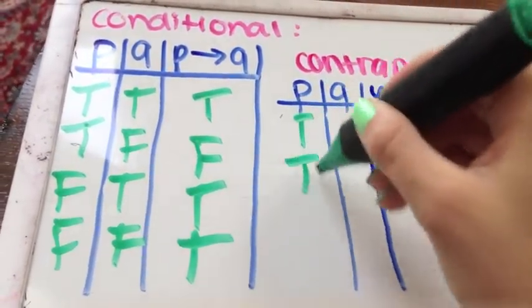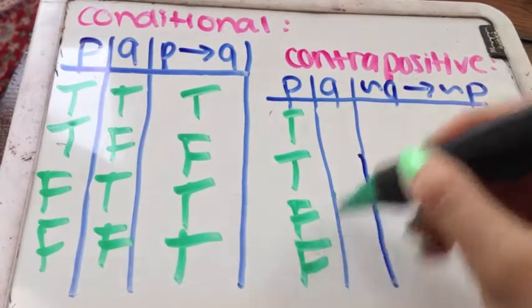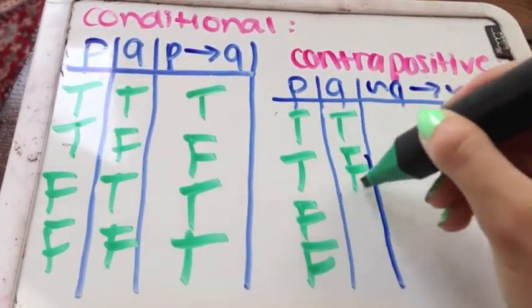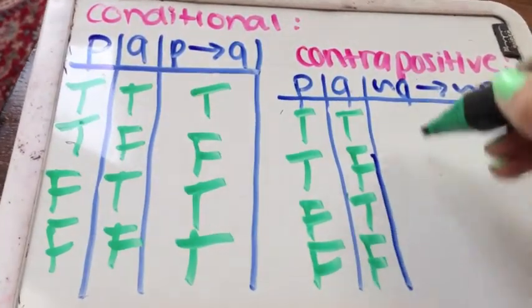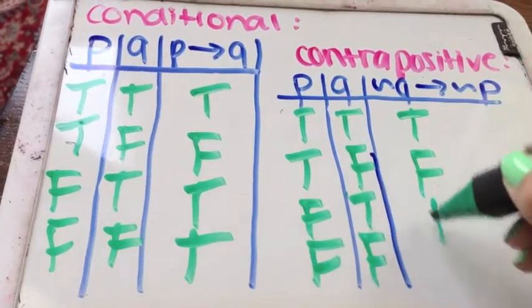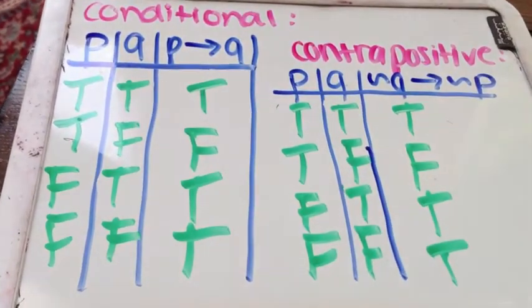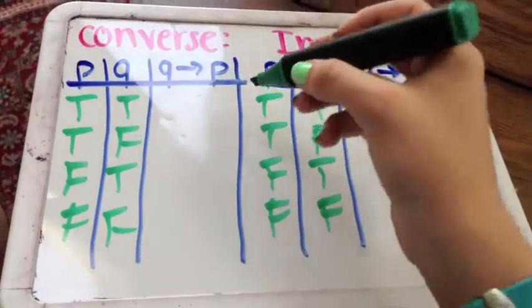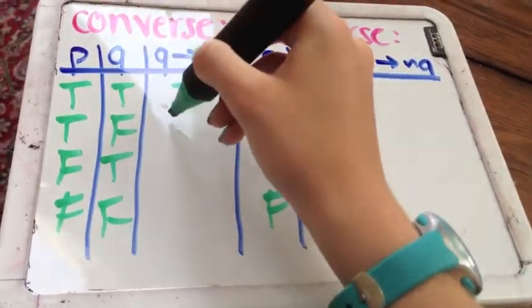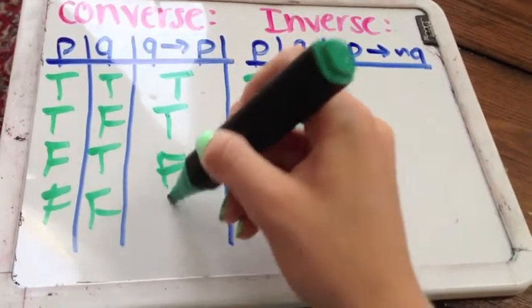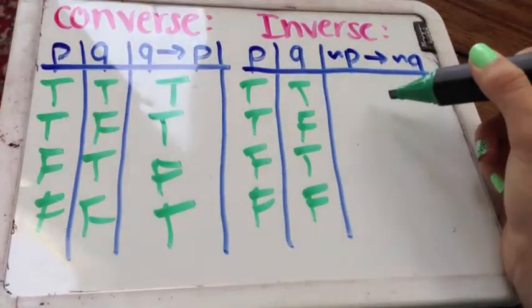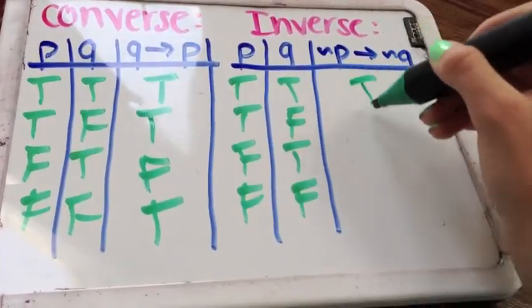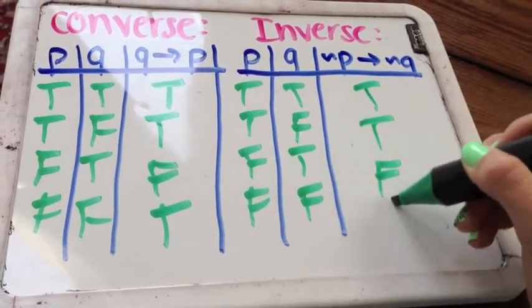And since contrapositive and conditional statements are logically equivalent, you're going to have the same exact truth tables. Converse and inverse truth tables look like this. True, true, false, true. And since these two are logically equivalent, they're going to have the same truth tables too.